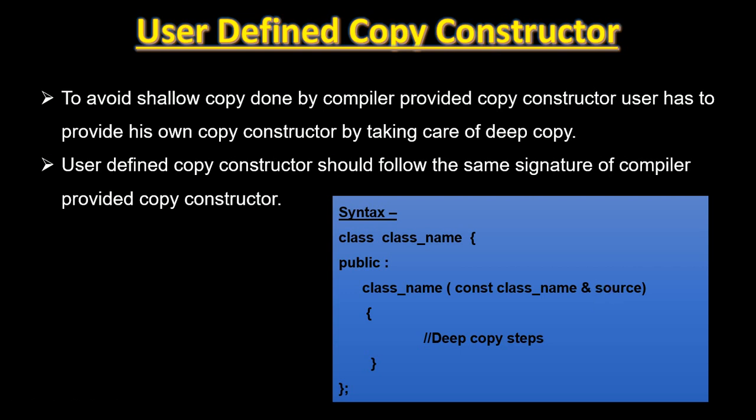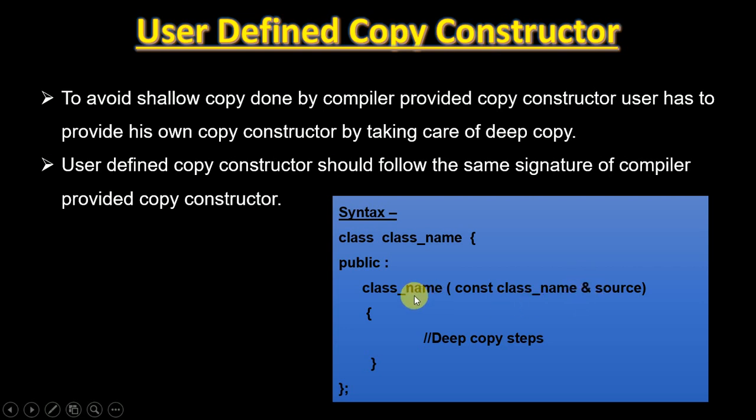As for the reference, if you don't use a reference, there would be recursive calls to the copy constructor. The copy constructor is called in three different scenarios: when you pass an object by value to function arguments, when the contents of an already existing object are copied to a newly created object, and when returning an object by value from a function. In all these three scenarios, the copy constructor will be called. To avoid recursive calls to the copy constructor, we use a reference here.